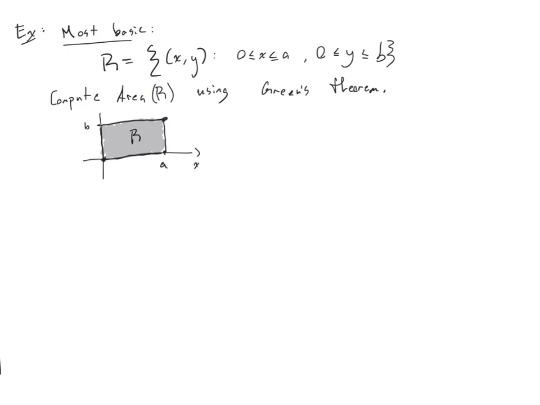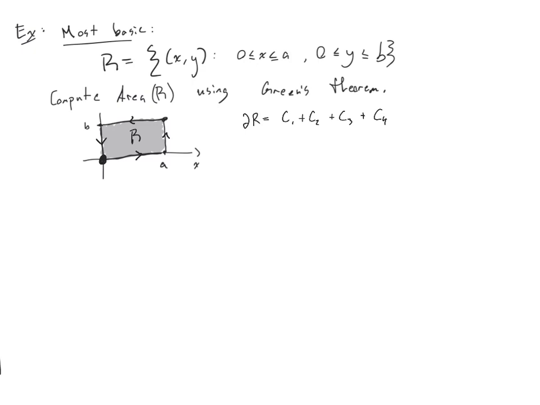So in order to use Green's theorem, what I should do is orient my boundary. Going counterclockwise, I'm going to treat the origin as my starting and stopping point. And moving counterclockwise around, I have these four edges. Wherever you have a corner, you need to change parameterizing functions, because it's easy to parameterize one of these sides, but then it's hard to parameterize each of the other ones. So you should think about viewing the boundary of R as being made up of four subcurves, C1, C2, C3, and C4.